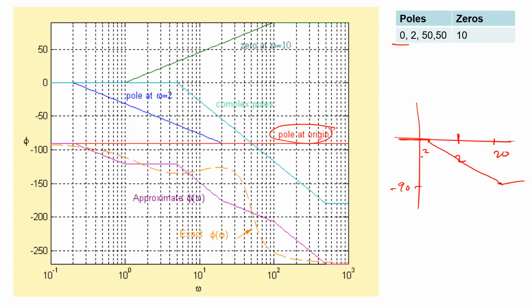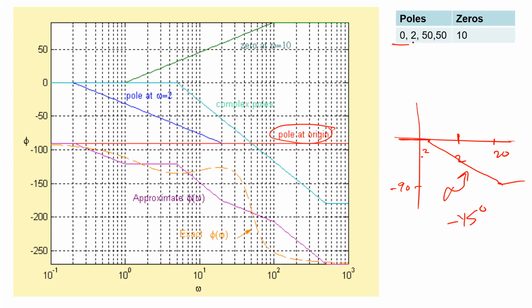And in that case, what will be the slope? I'm going minus 90 in 2 decades, which means the slope will be minus 45 per decade. Exactly. Thank you.